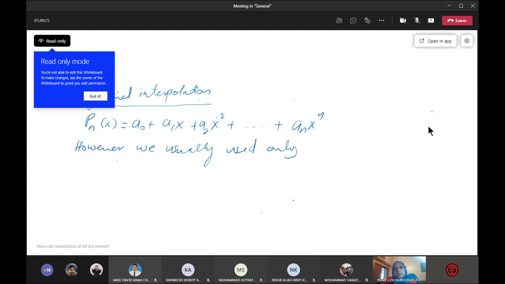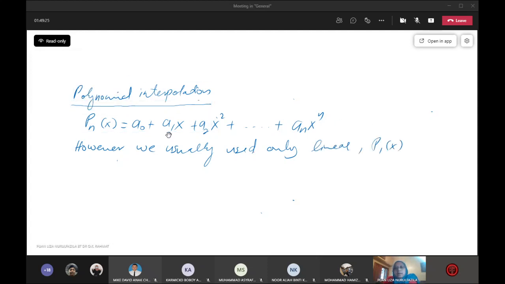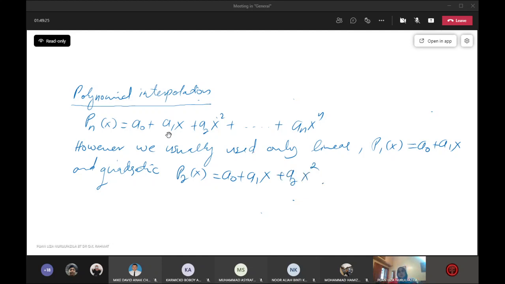Only linear, which is p1(x) equals a naught plus a1x, and quadratic, or degree 2, p2(x) equals a naught plus a1x plus a2x squared. Okay, so it doesn't mean that you cannot use others. It's just that this is the common one that people use.